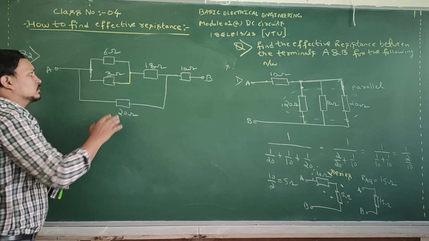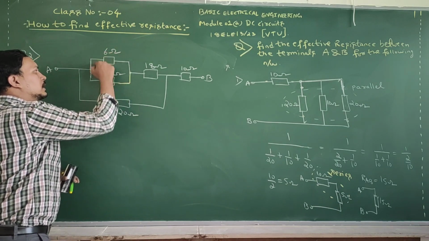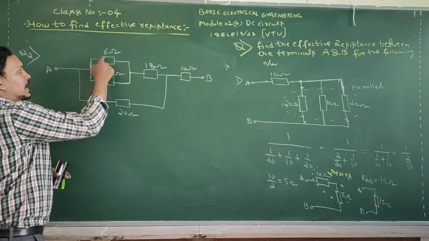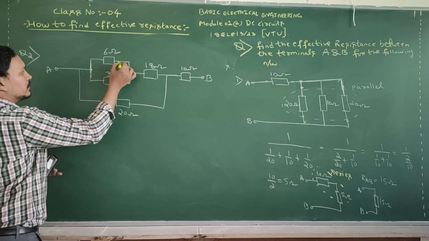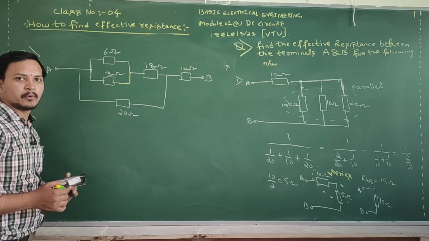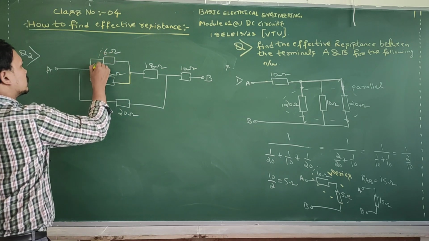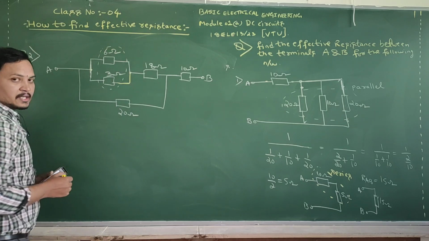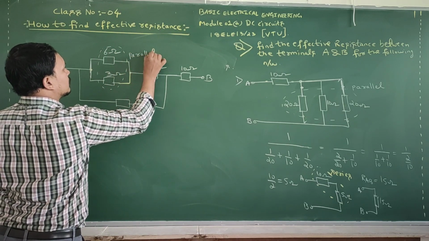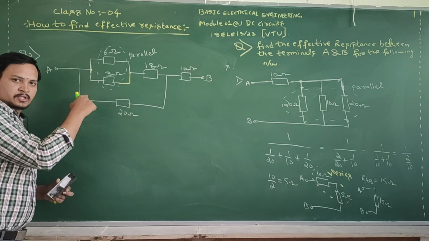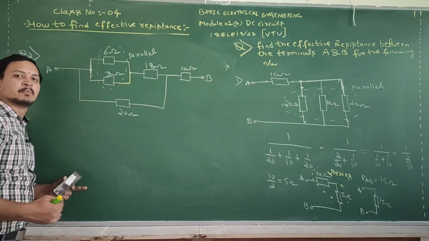Got it? Now think about this alone. Yes, 6 ohm and 3 ohm are connected in parallel because the starting ends are connected to one common point and the finishing ends to another common point. So you can draw a dotted circle like this and write parallel. First write the original question, later you start simplifying.